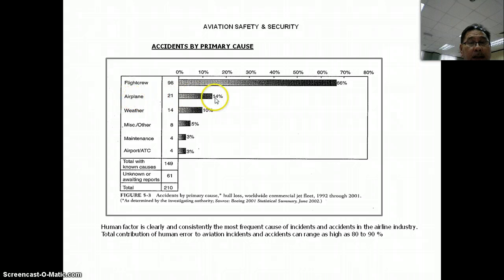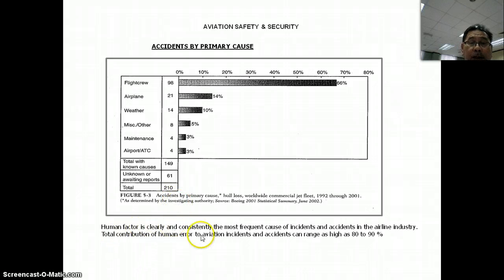Airplane, 40%, weather, 10%, miscellaneous, 5, maintenance, 3, airport or ATC also 3. So the total with known causes is 149. Unknown or awaiting report at that point of time, 2002, is 61, so the total is 210.